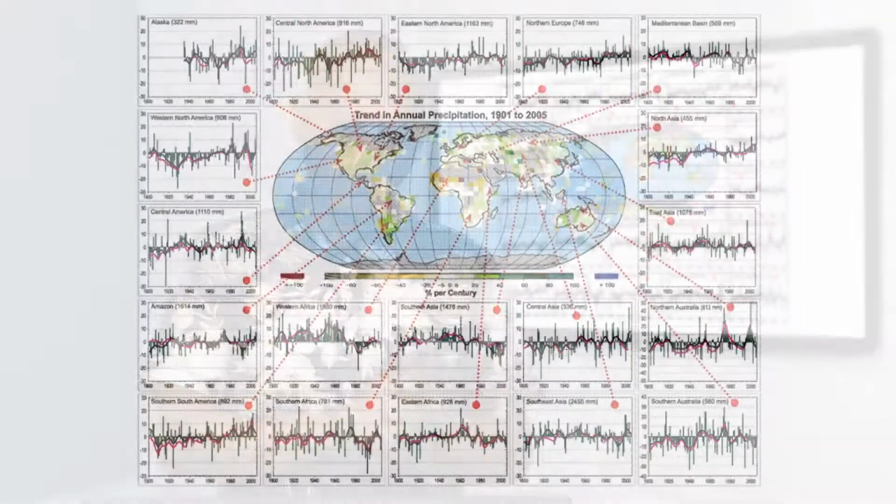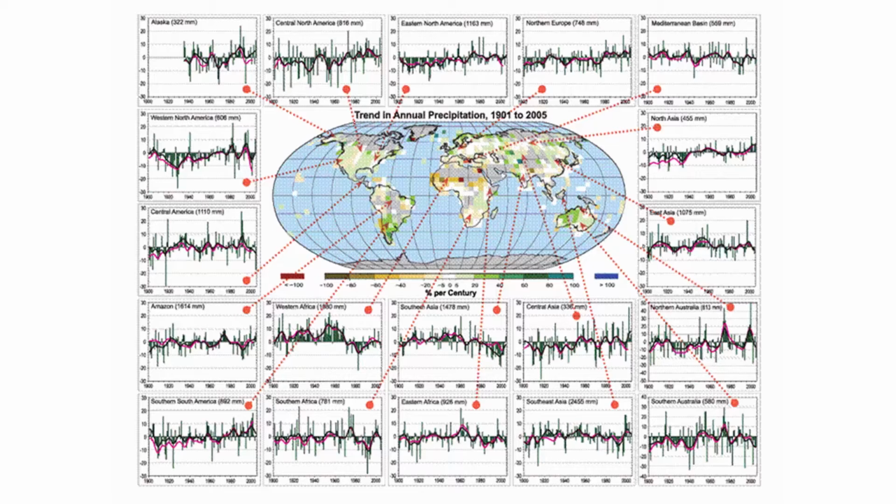So if we go back then and try to look at how the trends in annual precipitation have occurred over the time period of 1901 to 2005, there are later maps available now, but the point will remain the same. And if you look at different regions, there are different estimates of rainfall here as well as we saw before, and they all have fairly close variability or anomalies over time.